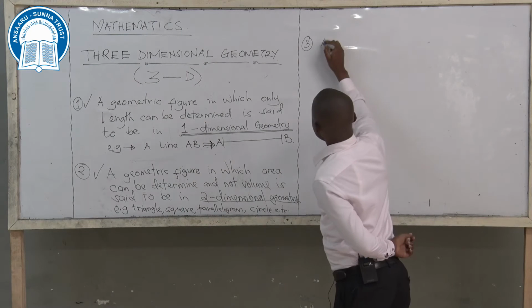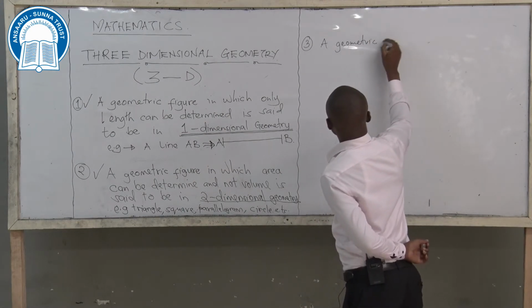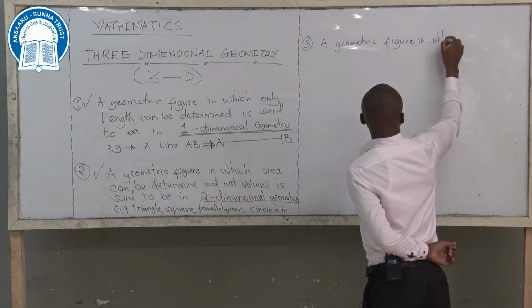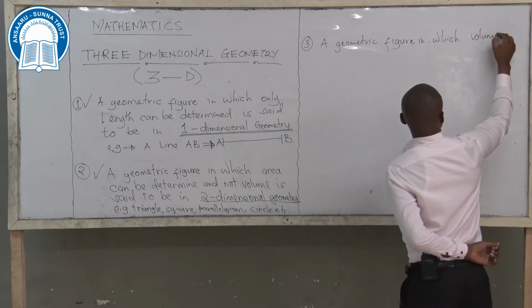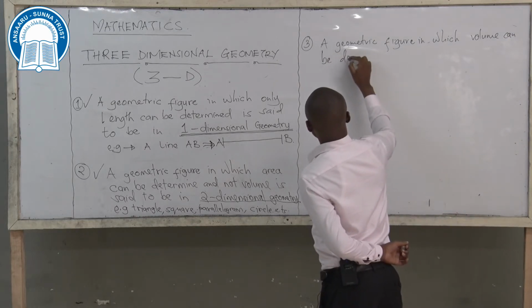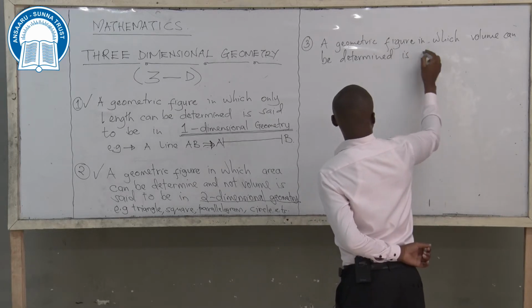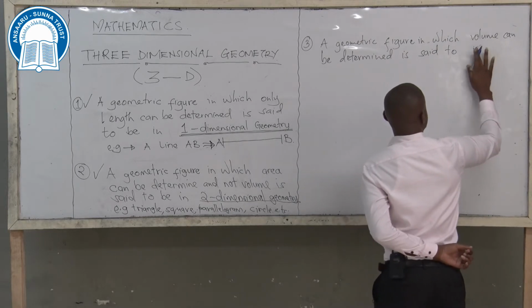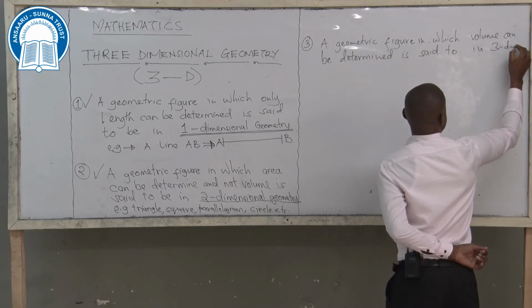And we're saying a geometric figure in which volume can be determined is said to be in three-dimensional geometry.